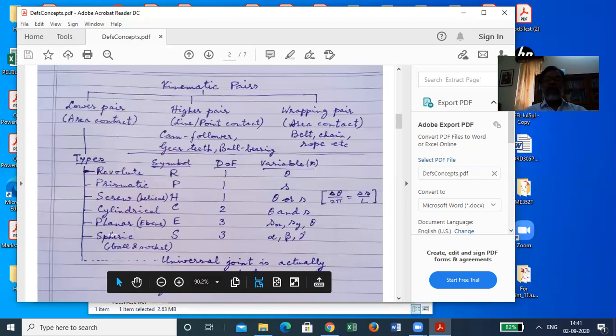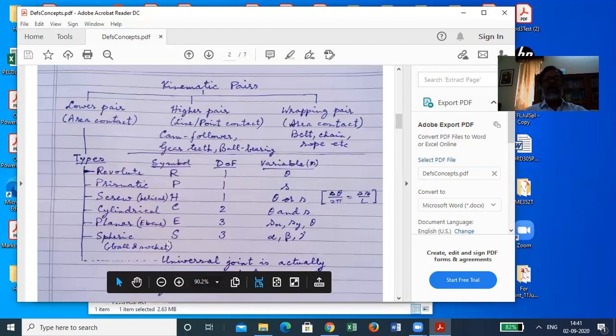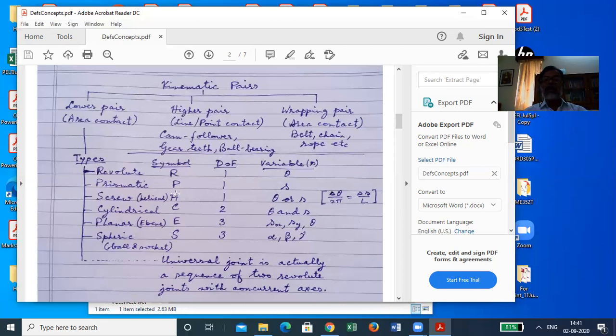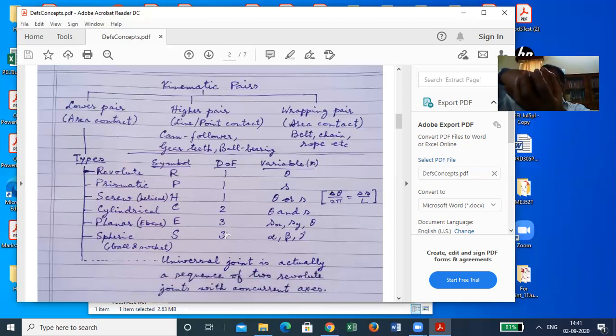Then there is a spheric pair or spherical pair, as you can say. Basically, this is a ball and socket. Okay, and the symbol of that is S, and this is one reason why screw pair was not called S, because S was reserved for spheric pair, and this has 3 rotational degrees of freedom. So one ball sitting inside a socket, and about all the 3 mutually perpendicular axes, they can execute relative motion.